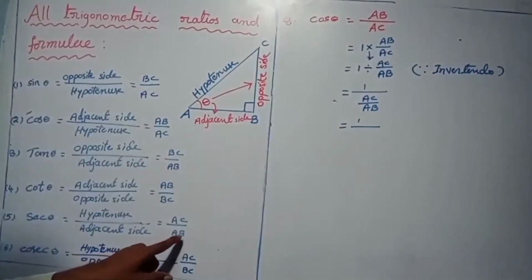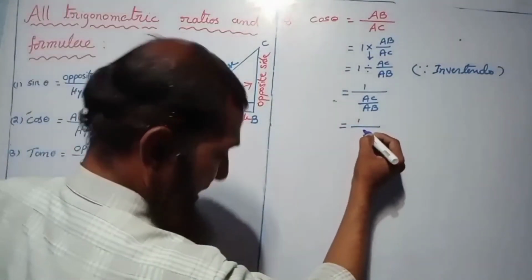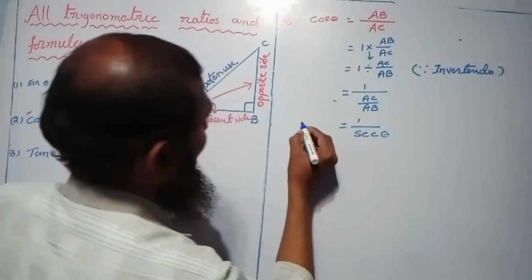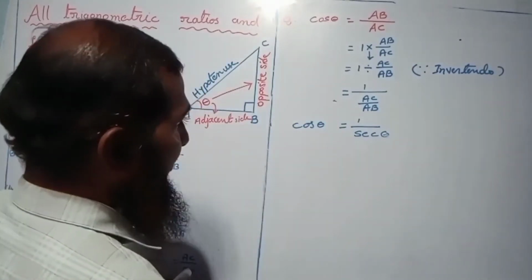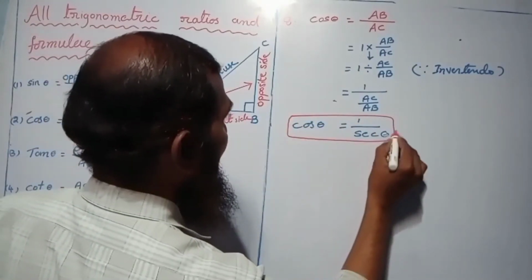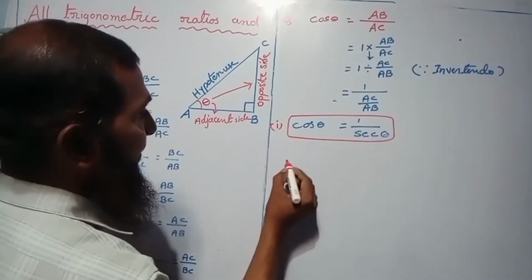It is the fifth one. It means secant. 1 upon secant. So finally cosecant theta is equal to 1 upon secant theta. In the 8th formula, it is the first one.